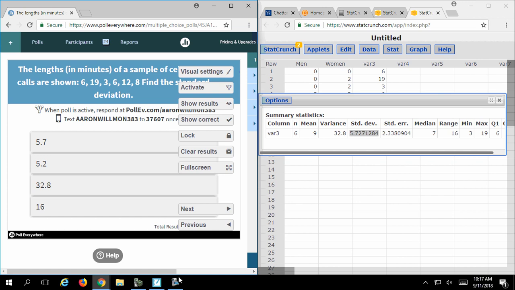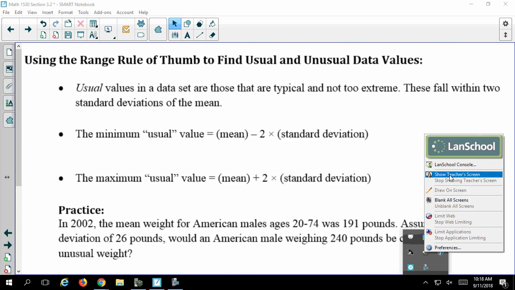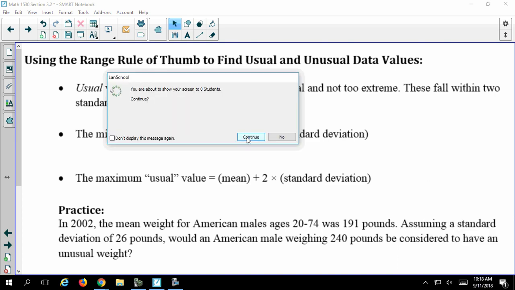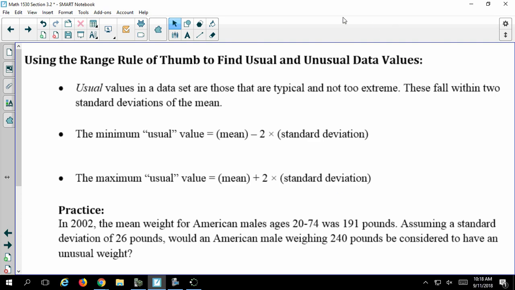Okay. So next is the range rule of thumb. I'm going to display the screen now. We might be done with StatCrunch for a little while. This might make it easier for you to see.